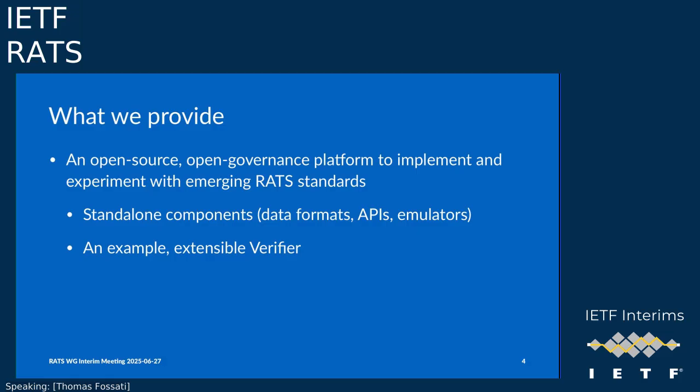And aside from that, you have a complete extensible attestation verifier, which you can use to play with the ideas, or you can even, if you're bold enough, put in production like Oracle Cloud did. So, next, please.